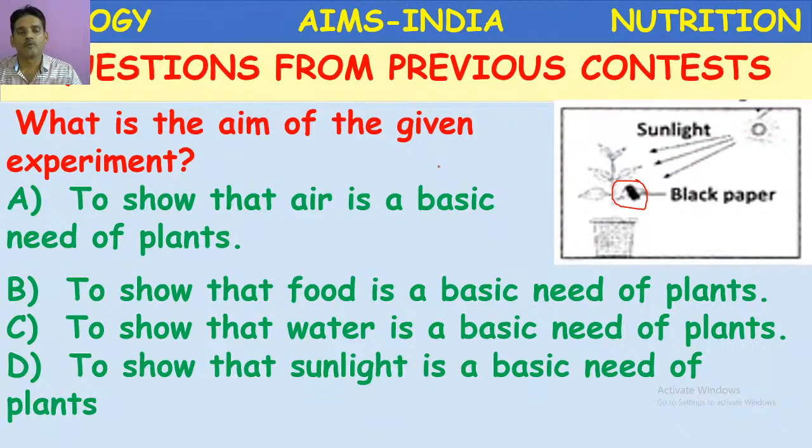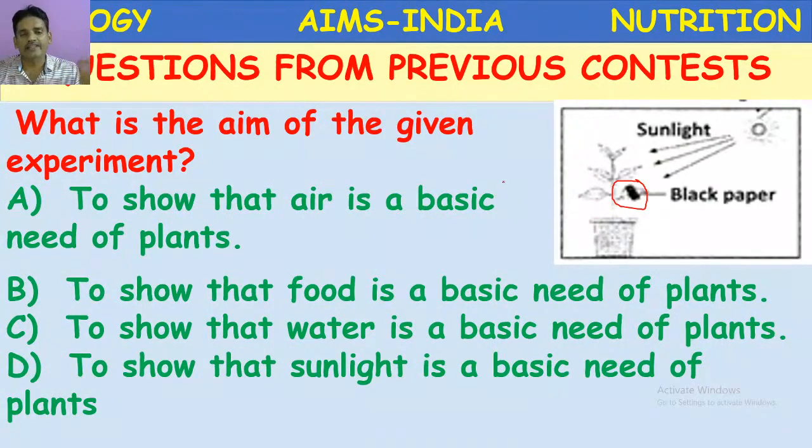Like water is essential for photosynthesis, one experiment. Sunlight is essential for photosynthesis, one experiment. And starch is formed during photosynthesis, one experiment.